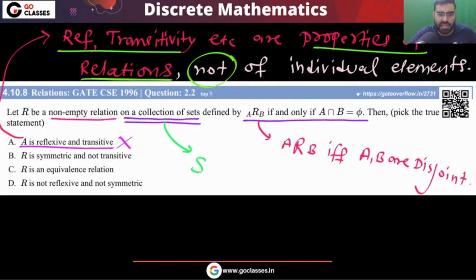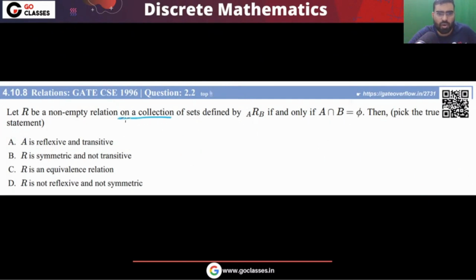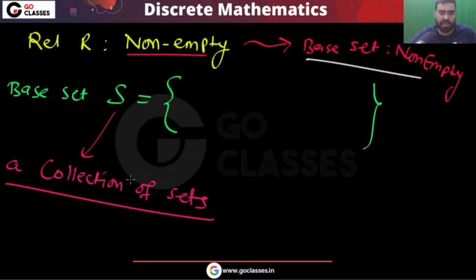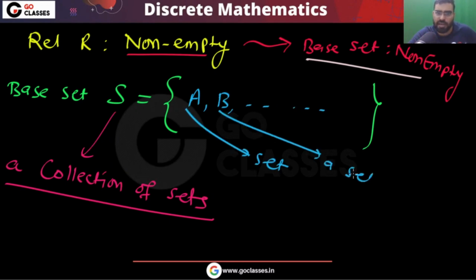Remember, the question is saying on a collection of sets. So this base set is your collection of sets. In this you have some sets like A, B, and so on. All these are sets, and so on. So this S is some collection of sets. Now tell me, we are defining this relation R.